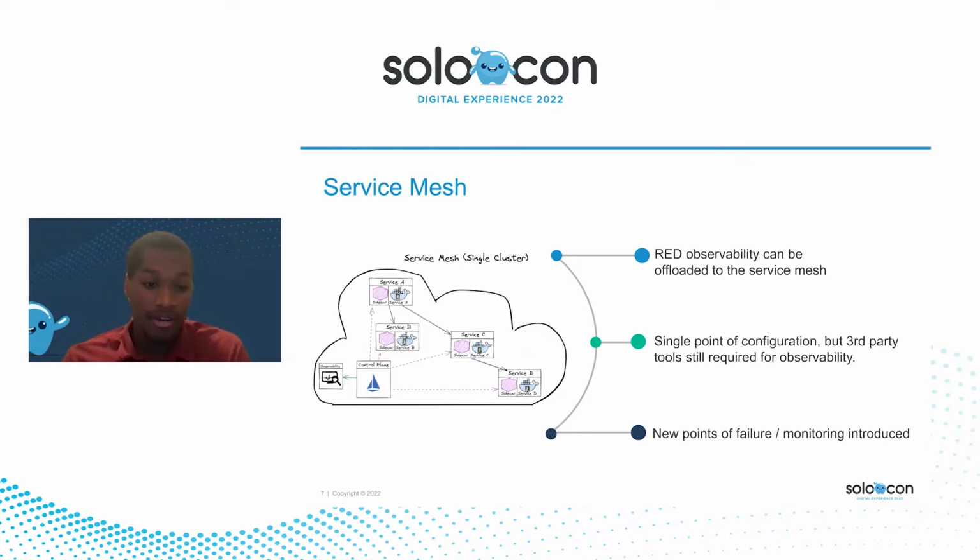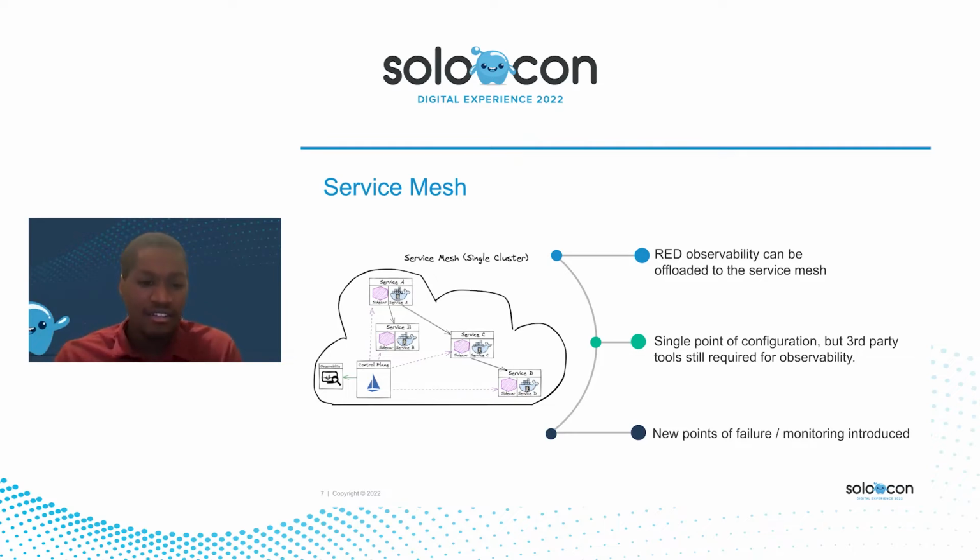So one big benefit is that it provides baseline RED statistics for every service via the sidecar that is injected into your services. It really removes the need for you to add any custom observability libraries into each of your services. And it also allows you to easily onboard new services with all of your observability suite, essentially based off of the injection that we have.